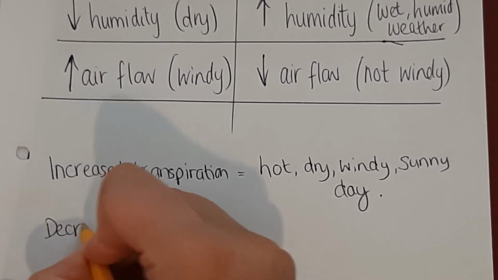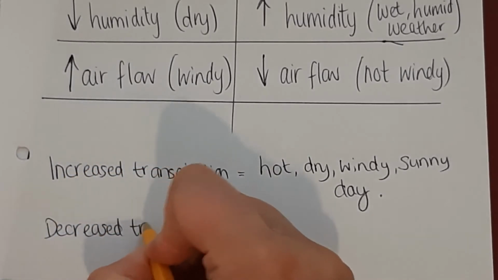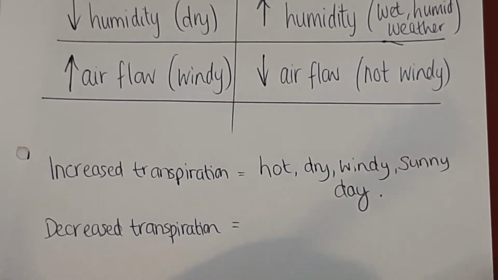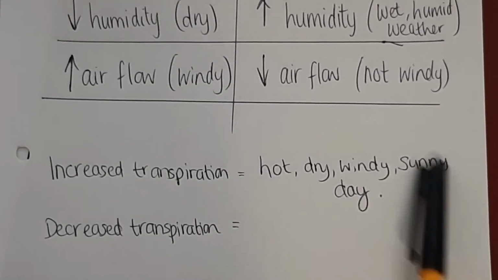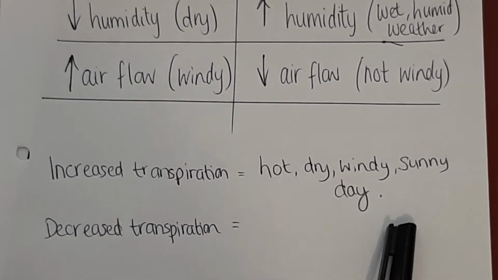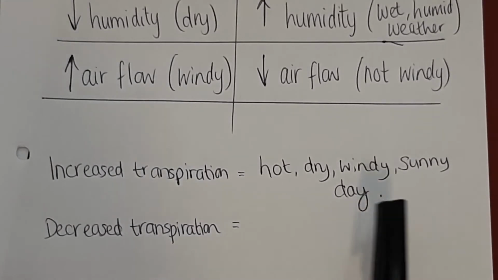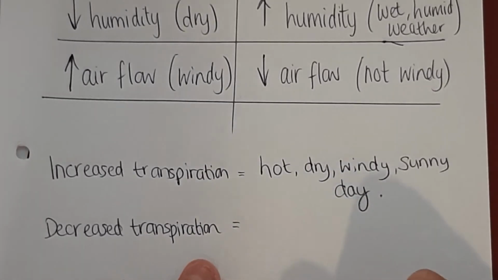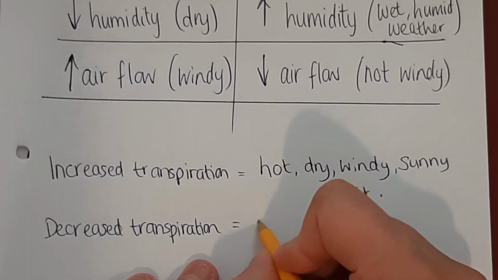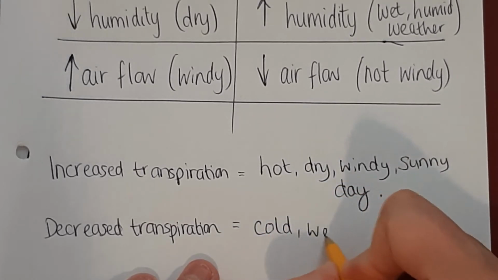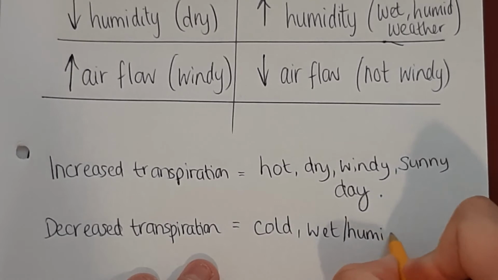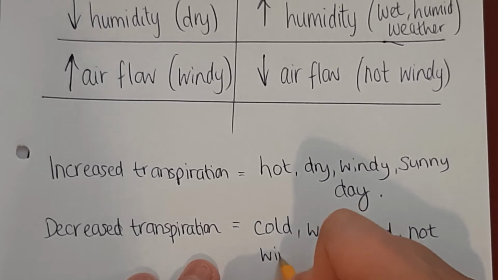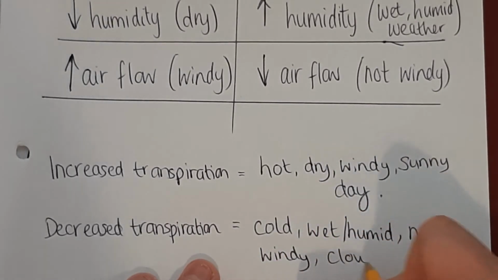For less transpiration, now this increased transpiration, we've basically just described desert conditions, and you'll find that plants in the desert are very dry, okay, and they really struggle to retain their heat. They have to adapt to that environment. For less transpiration, so plants that get to keep their water, we want a cold, wet or humid, not windy, cloudy day or night.